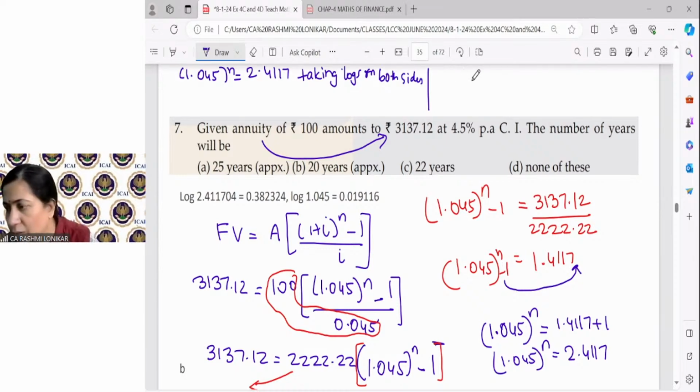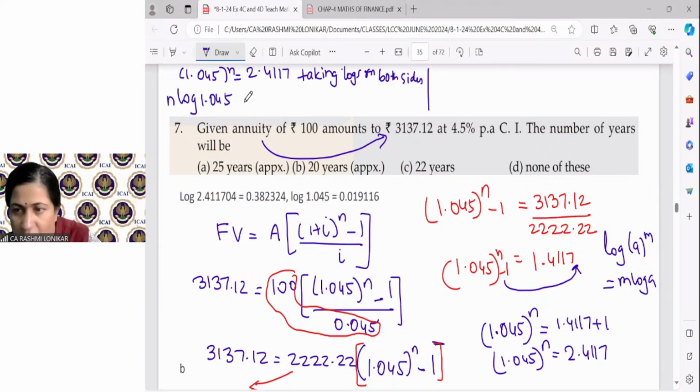Remember this: log of a raised to m is equal to m log a. That is what we are going to do. So n log 1.045 is equal to log 2.4117.